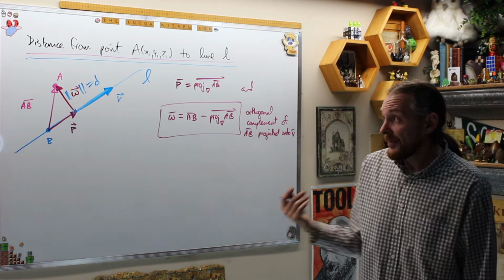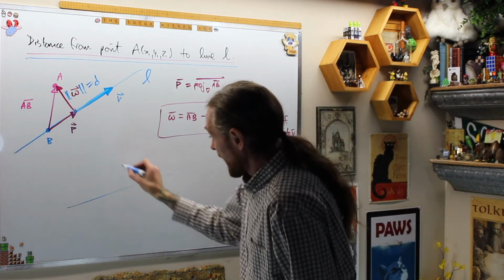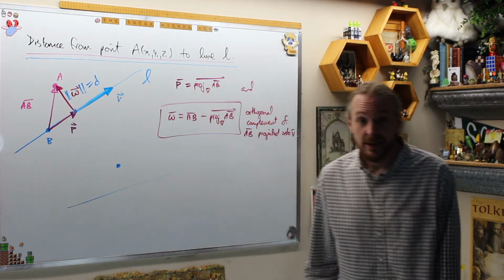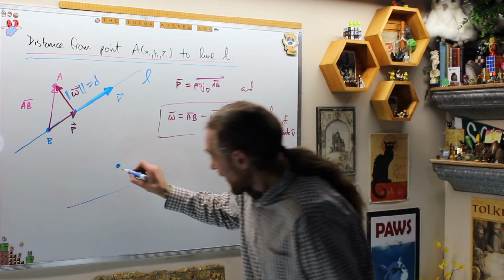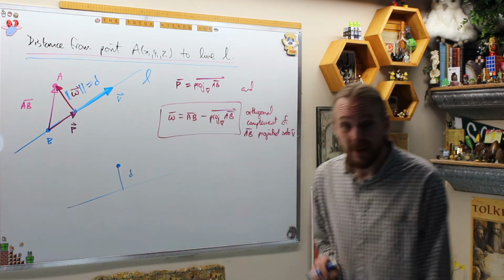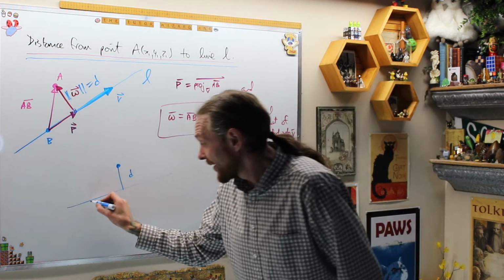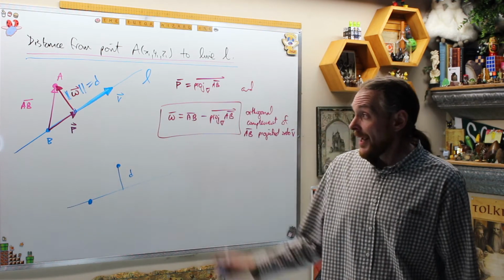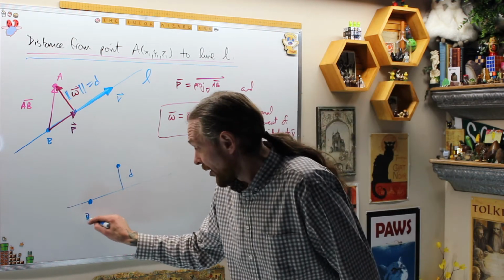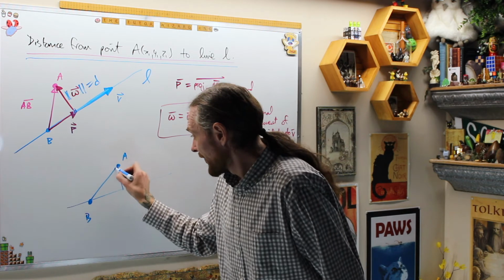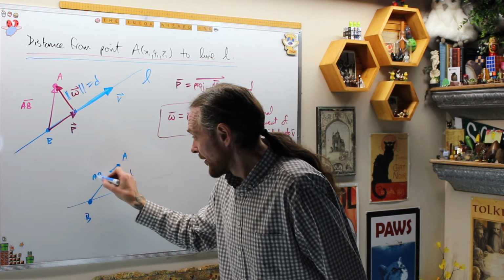So how am I doing this? First, I have a line and a point. That's what you actually have to start with. And what I have to do is, this is going to be the distance. How am I going to construct that? First, I have to find an arbitrary point on my line L, which I'm going to call B. Then I'm going to create the vector AB.